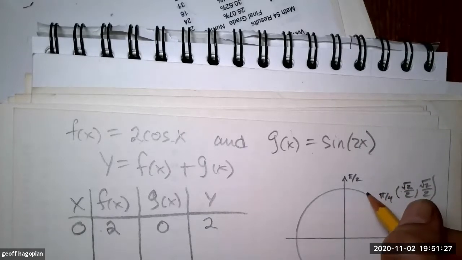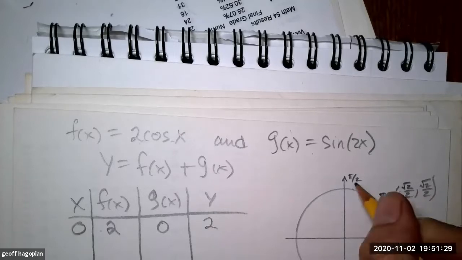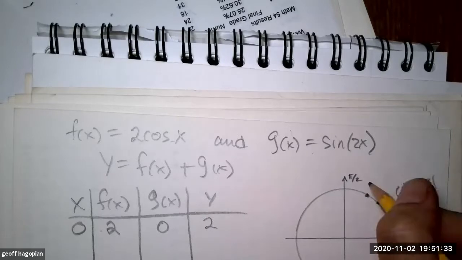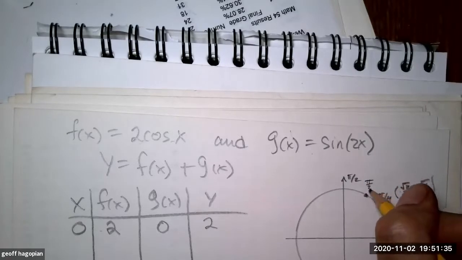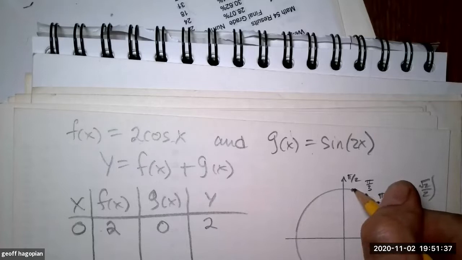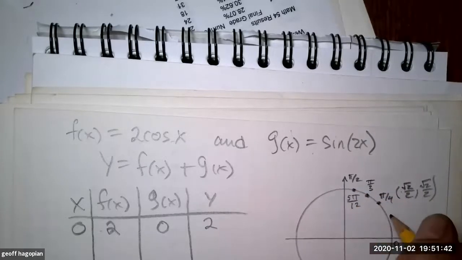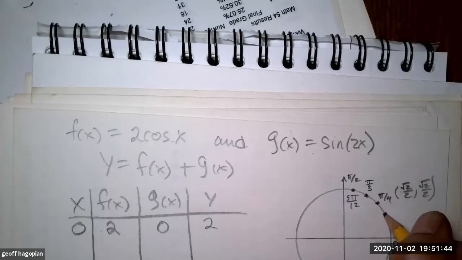And 1/3 of the way from pi over 4 to pi over 2 is pi over 3. All right, so pi over 3 is here. Now there's a point here, which is 5 pi over 12, and a point here, which is pi over 6, and a point here, which is pi over 12.